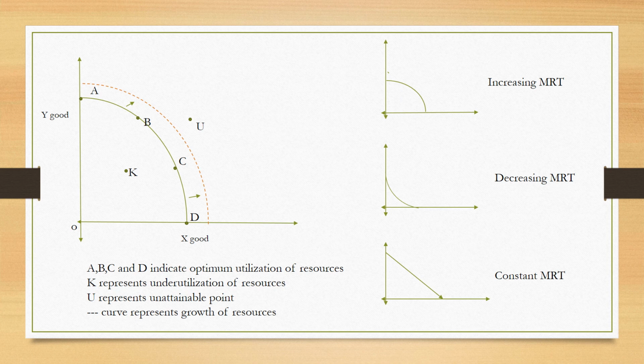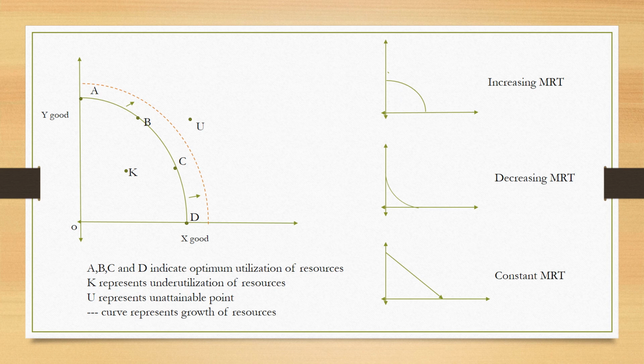Next, the dotted curve, which is towards the right of the AD production possibility curve, shows growth of resources or technological development.